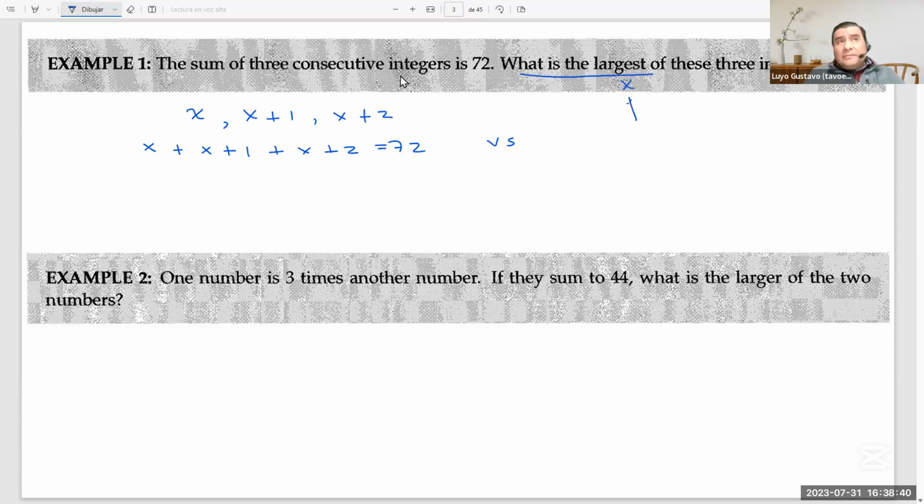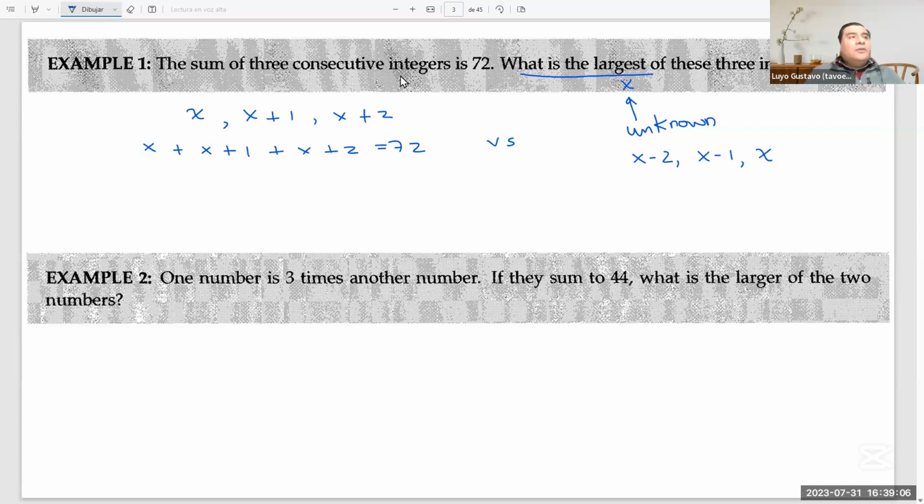If we do that, this would be our unknown actually. What would be the two other integers, the two previous ones? It would be something like this: x, x minus 1, x minus 2. So this also represents three consecutive integers of which the greatest is x.